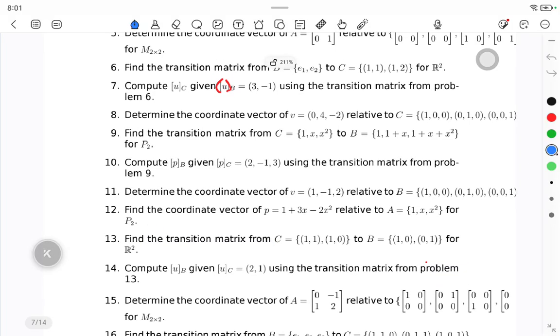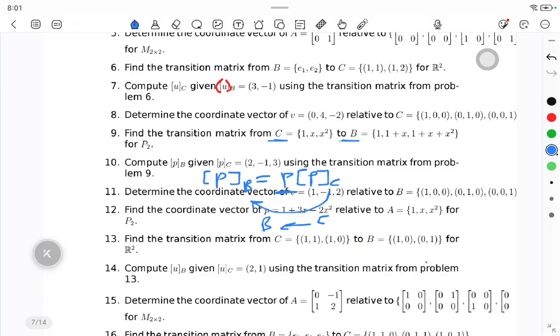And then there's compute P relative to B given P relative to C. Remember, already we know the original formula, which is like this. We have found this, the transition from C to B. We just found it here from C to B.